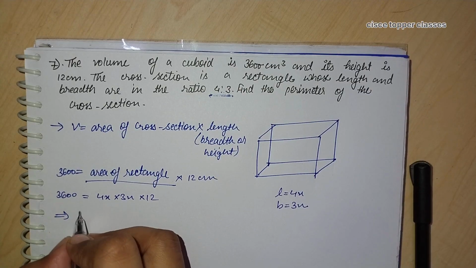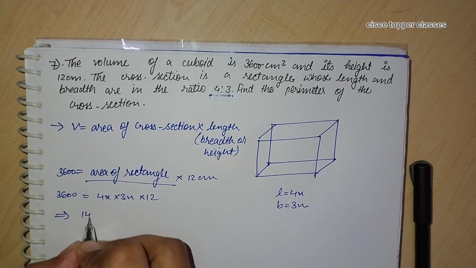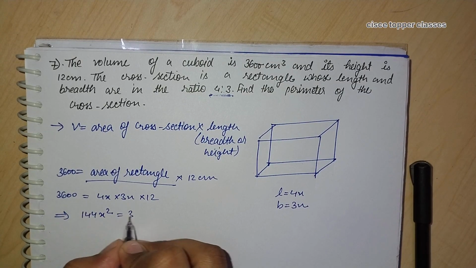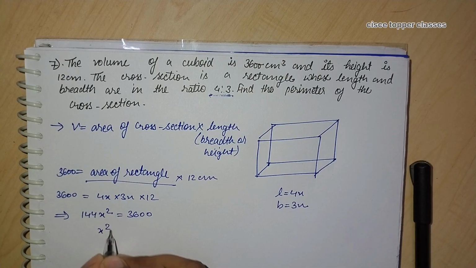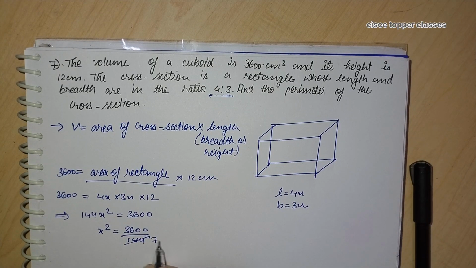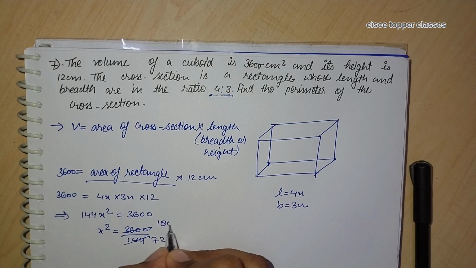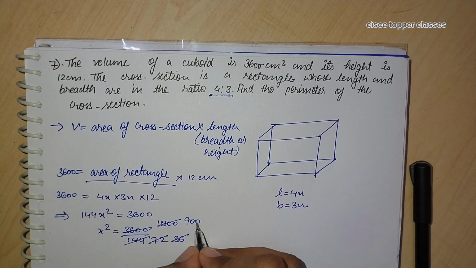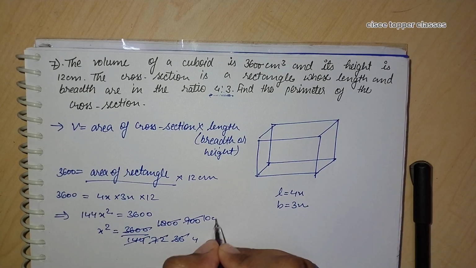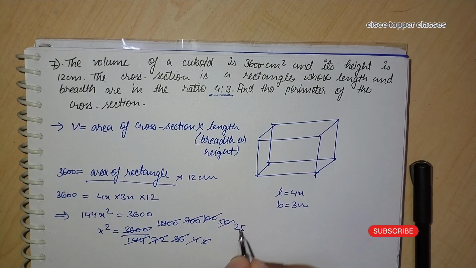If we calculate it, it will be 144 x square equal to 3600, which means x square will be 3600 divided by 144, which is 25.